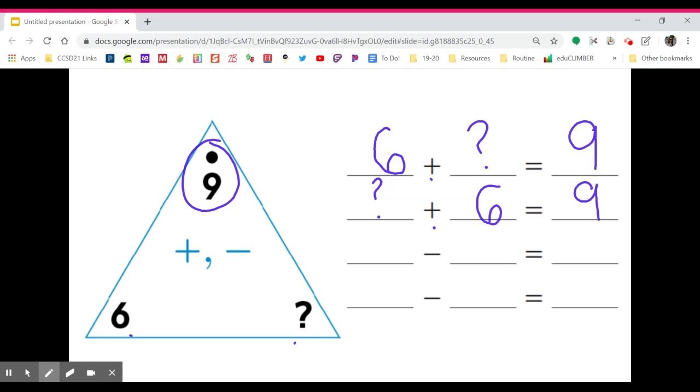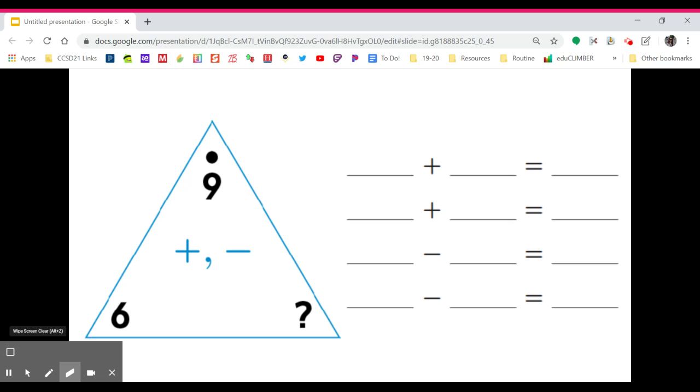So when we think about it this way, we're really asking ourselves, 6 plus what will equal 9? Or what plus 6 will equal 9? We can also think about this as a subtraction number model.